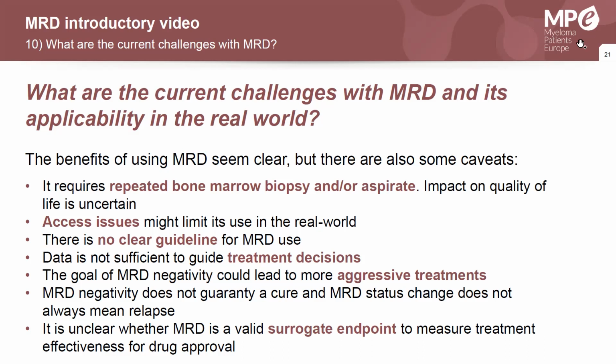Data is still missing to allow the use of MRD status to make treatment decisions and to understand what MRD negativity means in different subgroups of myeloma patients, and certain high-risk genetic or more aggressive disease might make interpretation of MRD negativity difficult. Another point is the monitoring of the depth of response to treatment through MRD testing, which could potentially lead to the emergence of more aggressive treatment approaches.